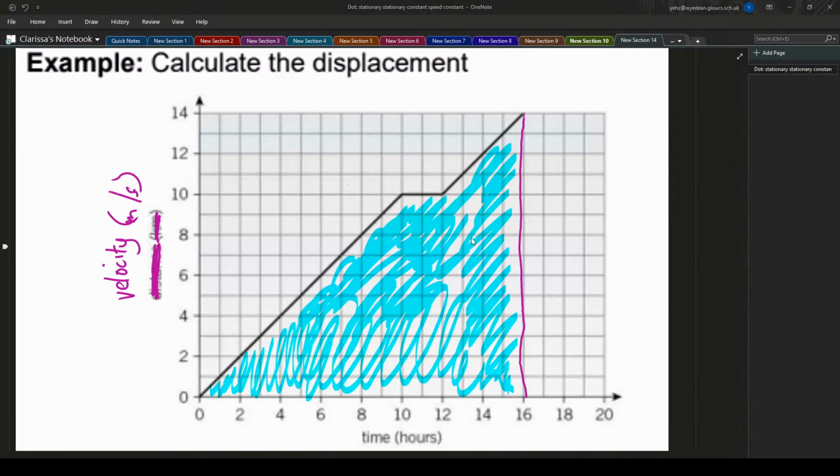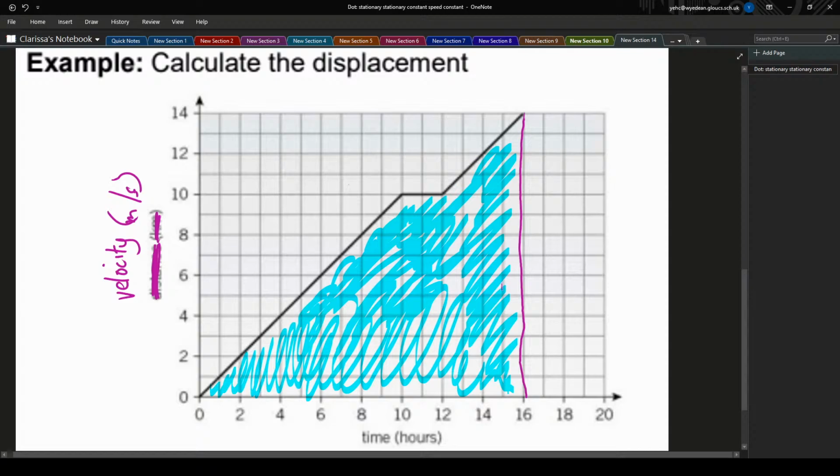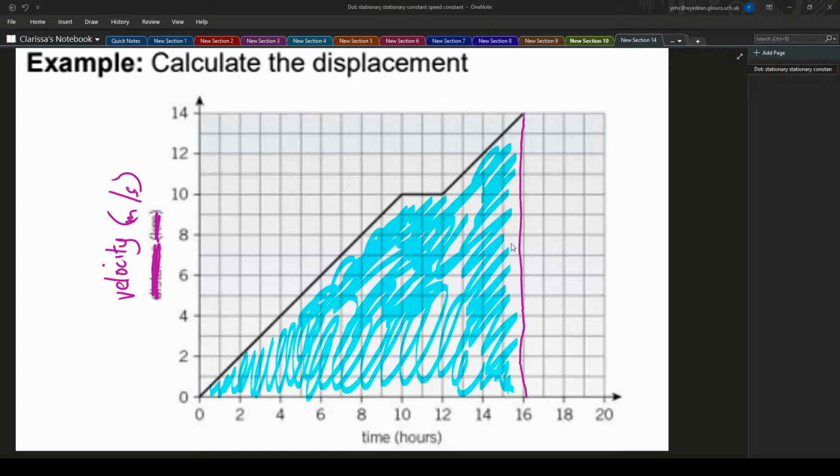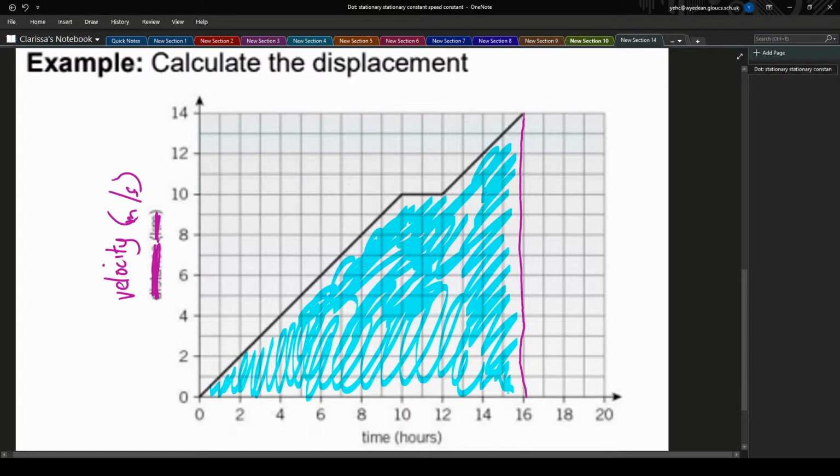Now, there's two main formulas you need to remember. For those of you who are more comfortable with using the formula for area of a trapezium, feel free. I personally prefer to just memorize the area of a triangle and area of a rectangle. So I'm going to do it that way.